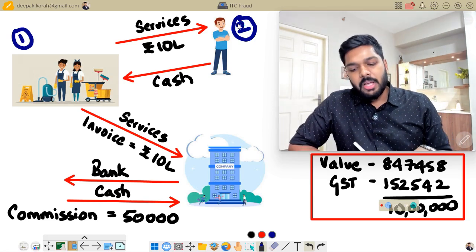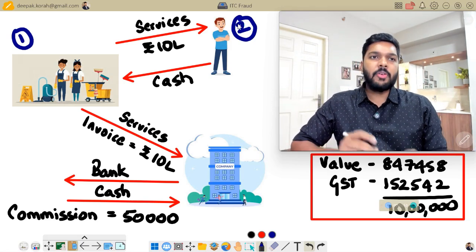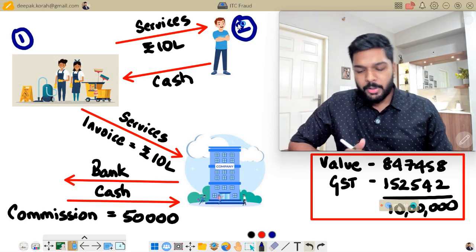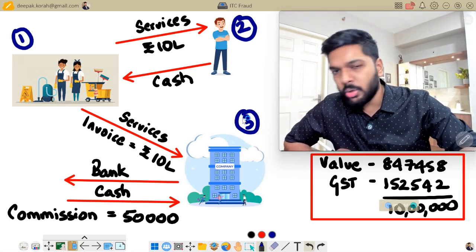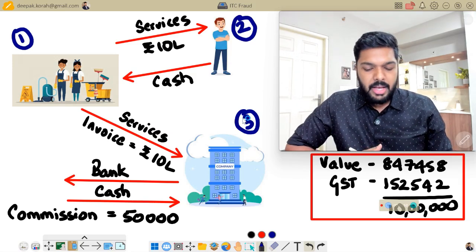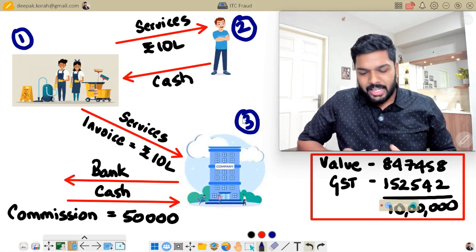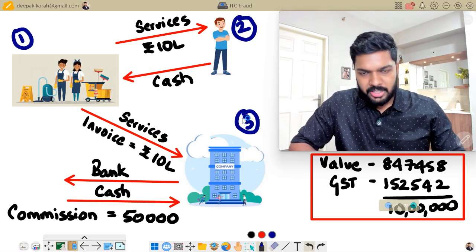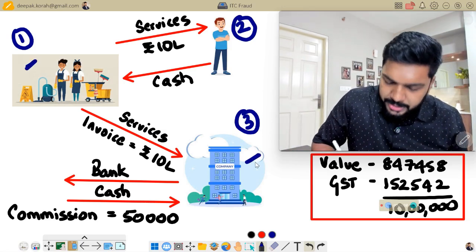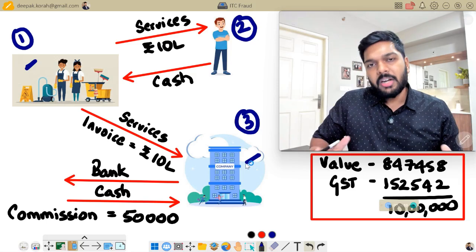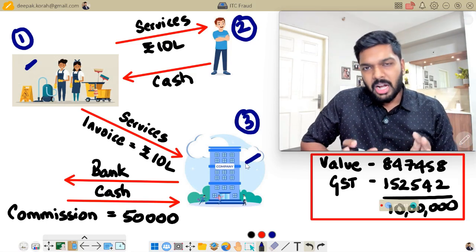He is trying to procure housekeeping services for his individual purposes. And then you have a third person, which is basically a company, let's say a company into financial services or insurance, for example. And let's assume that in this entire scenario of the GST fraud mechanism, the housekeeping agency and the company are friends, are relatives, are colluding with each other to commit the GST fraud.